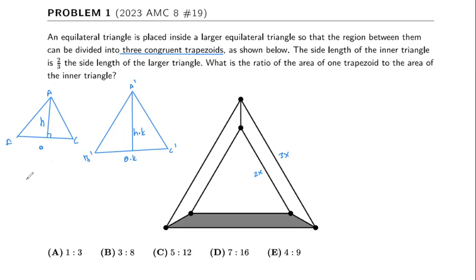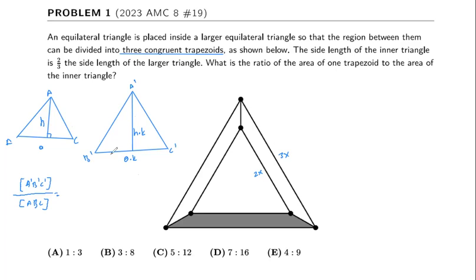So the area ratio is A prime B prime C prime divided by ABC. Again, we multiply each side by k. K is just the ratio of the similarity; you scale that triangle by k.